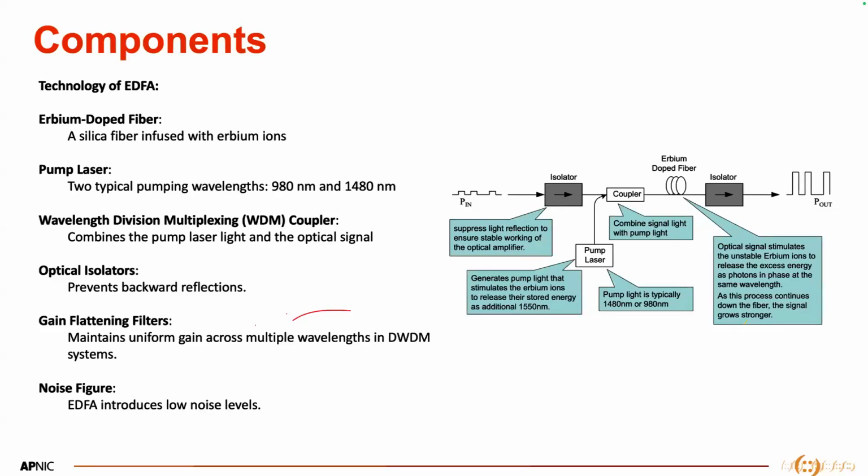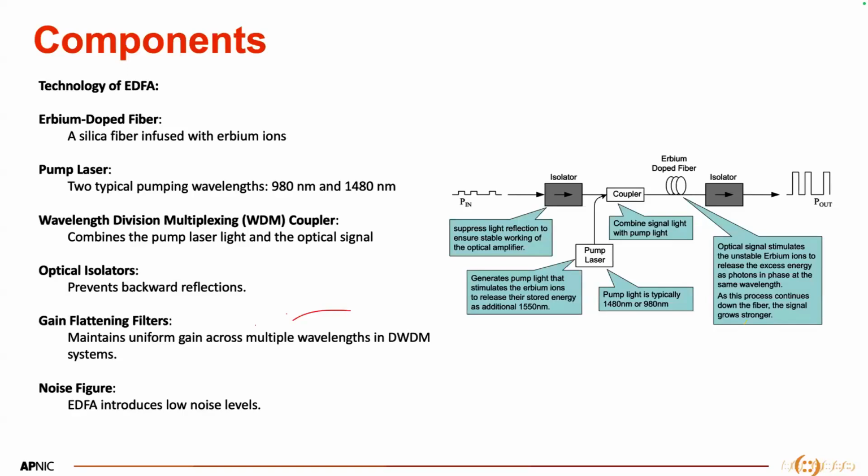So we make sure that after doing the amplification, all the wavelengths have a similar output. As you can see in this diagram, at P out, all the lambdas are amplified and they have the same flat gain at the top. When the wavelengths came into the amplifier at P in, you can see the amplitude of the signals was very low.